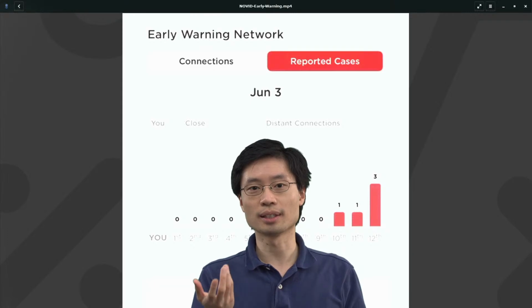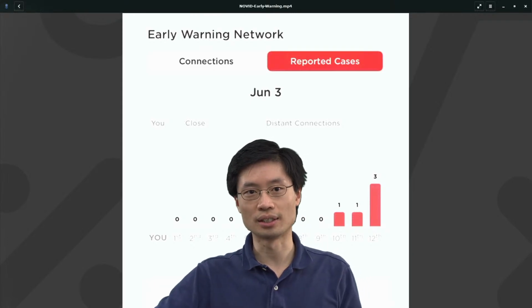Another way to think about why that number is not extraordinarily high is to remember back in February or March, before we shut down everything. The typical infected person usually infected maybe about 3 other people.